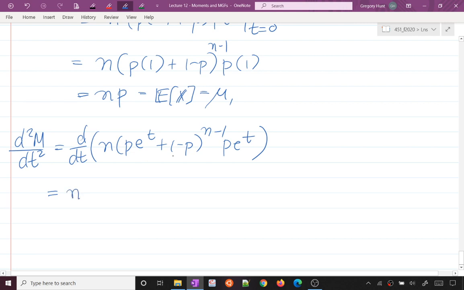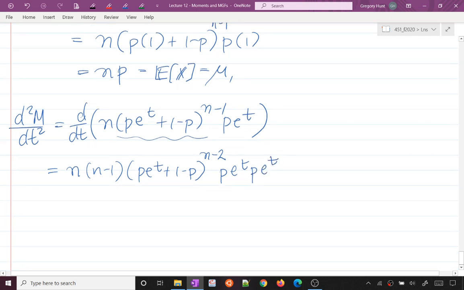So n, the derivative of the first one brings down n minus 1, and then it goes (pe^t + 1 - p) now to the n minus 2. Derivative of the inner, which is pe^t, and then we multiply by pe^t one more time for the product rule.